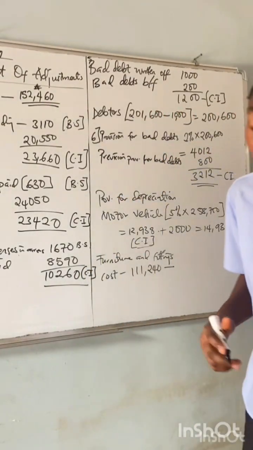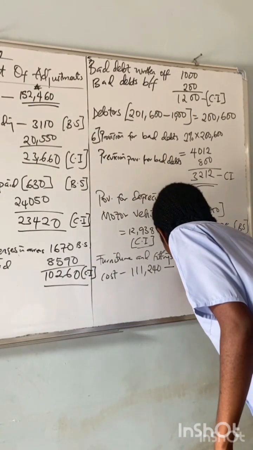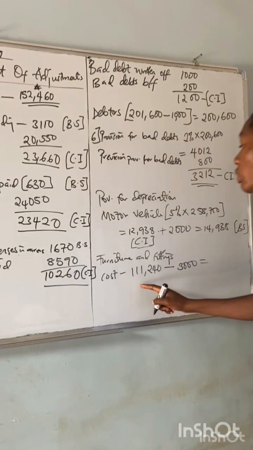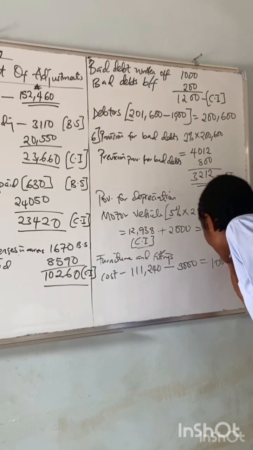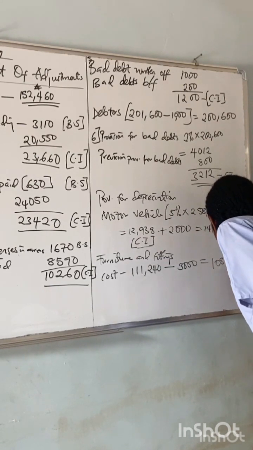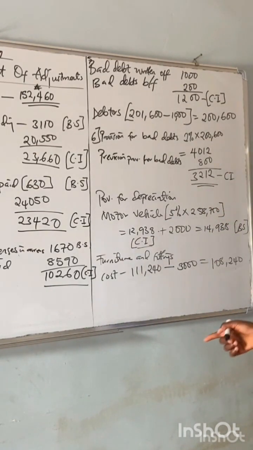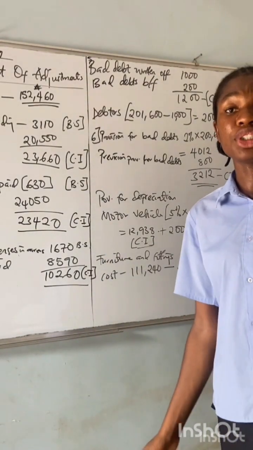So we're going to be lessing this to get our book value of 108,240. Okay, so this is our book value. This is what we're going to be using to calculate our annual depreciation, all right.